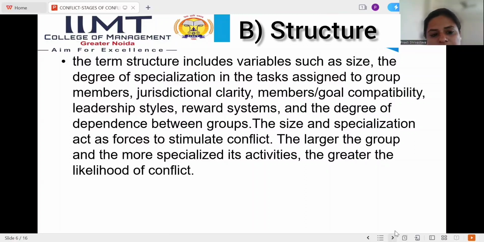The size and specialization act as forces to stimulate the conflict. The larger the group and the more specialized its activities, the greater the likelihood of conflict. The conflict arises due to the size of the structure in the organization. If we have the larger size, there's a likelihood of the greater conflict.